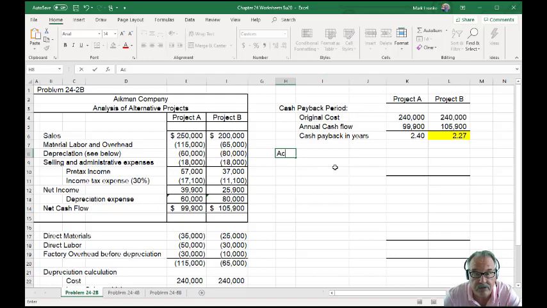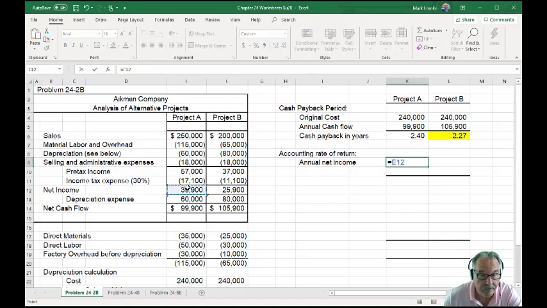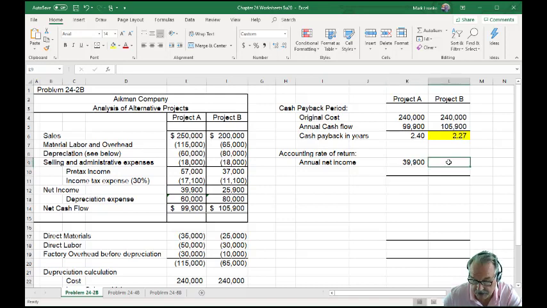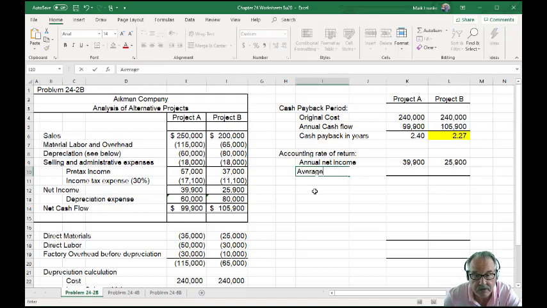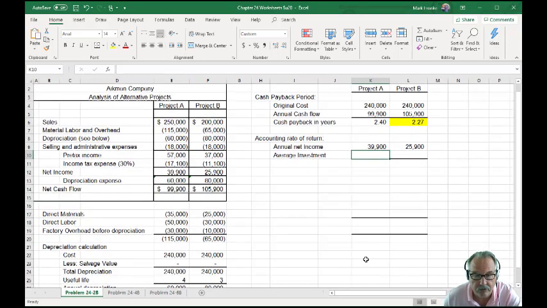The accounting rate of return. Our annual net income is $39,900 for project A and $25,900 for project B. The average investment is going to be the cost plus the salvage value divided by 2.